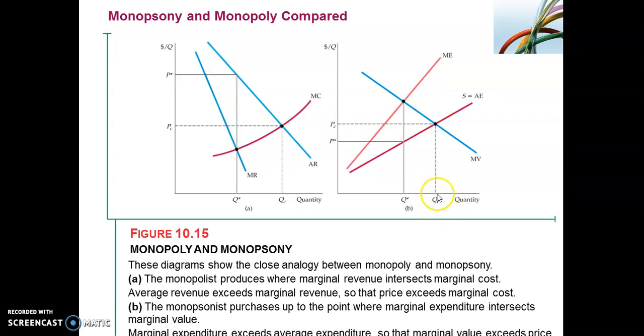So the monopsonist has some market power and hence can buy at a lower price as compared to a buyer in a competitive market, or the price that would prevail in competitive market conditions. So here, if we do another comparison, you can see that the price is again lower than the marginal value. And hence, we can see the benefit that is derived.